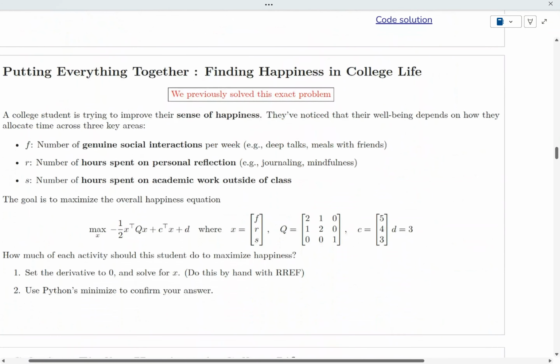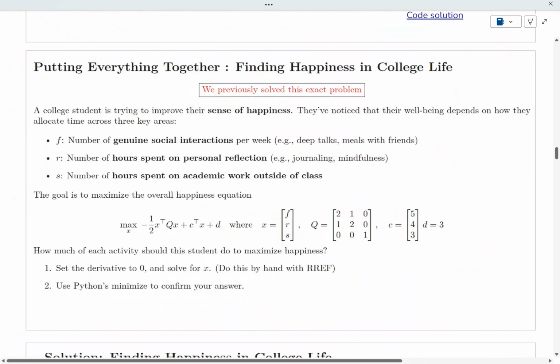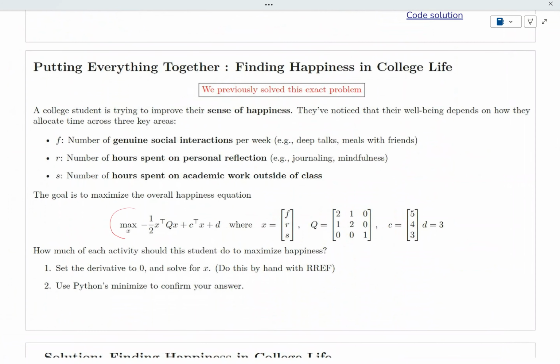All right, now let's put everything together. This is the question, and you essentially have a function that describes your happiness. It's a happiness equation. And your goal is to maximize your happiness depending on the input.